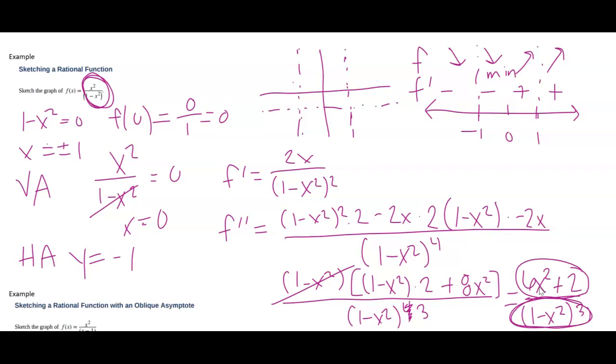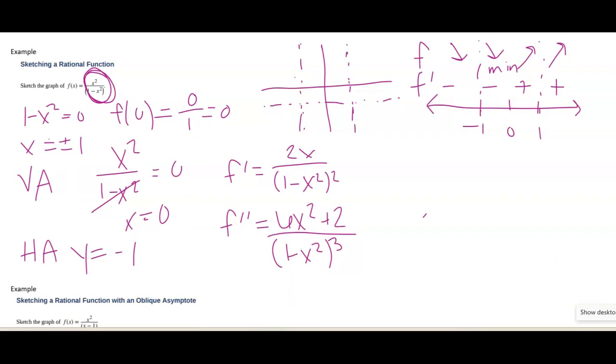I just want to check and make sure in each one of my pieces on my graph that I know what the concavity is going to be in those places. So let me simplify this and rewrite it. All right, so f double prime, I'm looking just at those vertical asymptotes to try to figure out what's going on so I can sketch this graph.